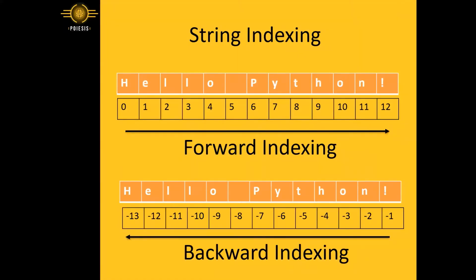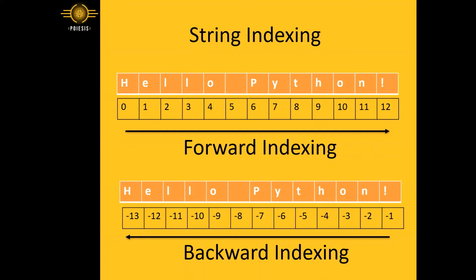Strings covered in the previous session are versatile data structures, and working with strings is really interesting. Now I'm introducing a special feature of strings. This is called indexing. Indexing means assigning numbers to data variables or members of a string in their positional order.